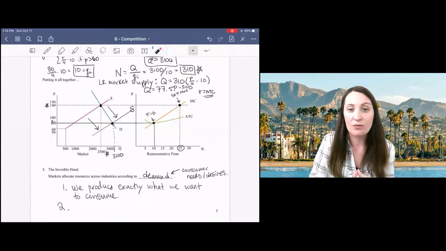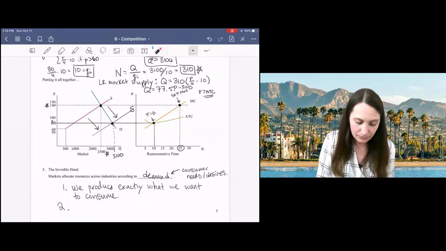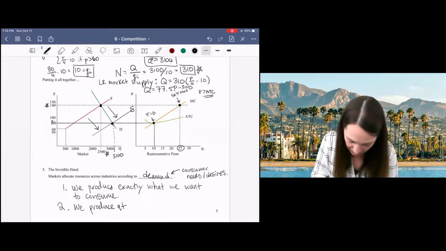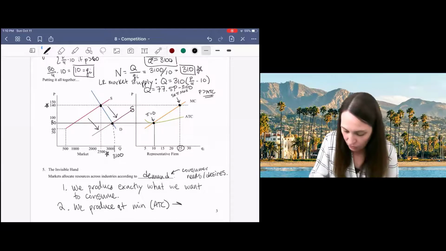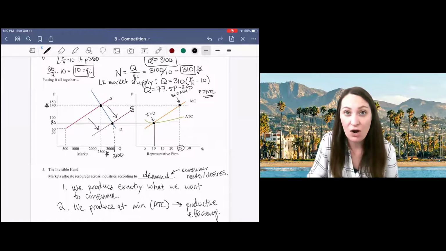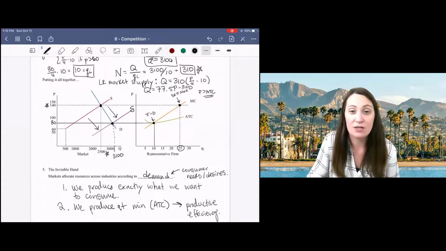So we use our resources efficiently in that each firm is producing at the minimum average total cost. So we produce here at minimum average total cost, which is productive efficiency. If we're going to produce 100 cars, we want to produce those 100 cars in the lowest cost method.